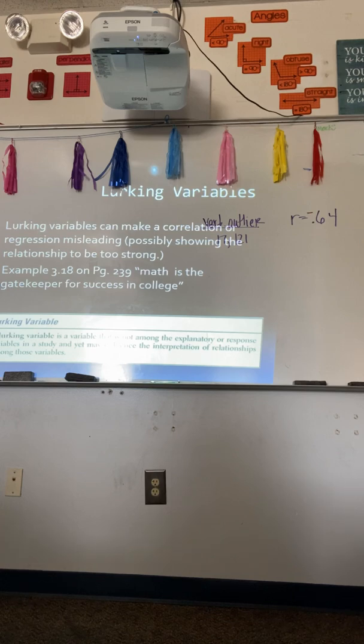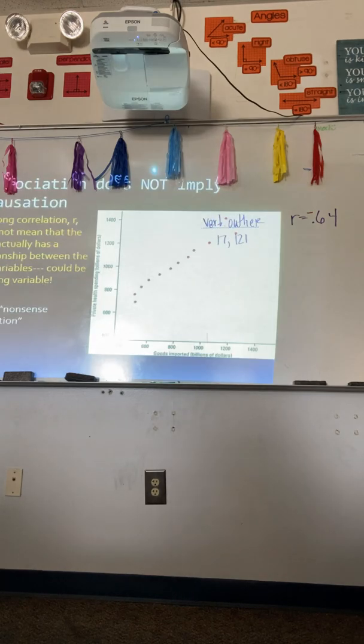So if I were graphing the number of ice creams sold in Portland and the number of Teslas sold in Florida, like the number of ice cream sales and Tesla sales, they shouldn't necessarily be graphed together, but the lurking variable would be the economy, right? So you definitely could have a lurking variable there, okay?